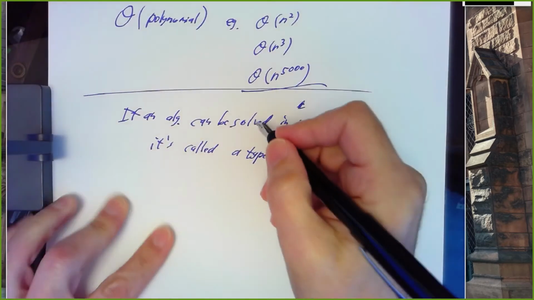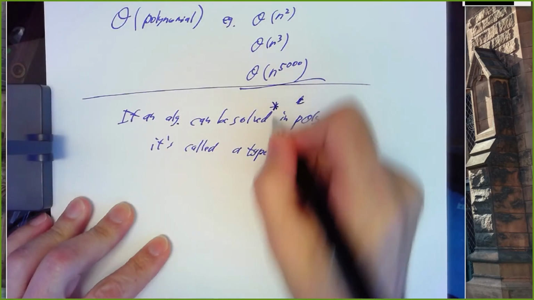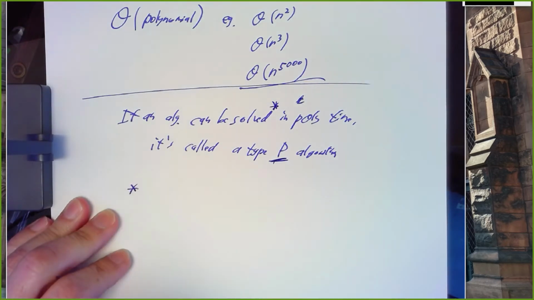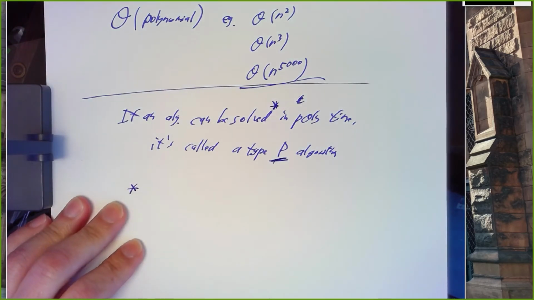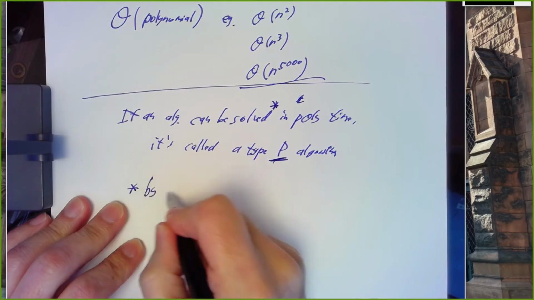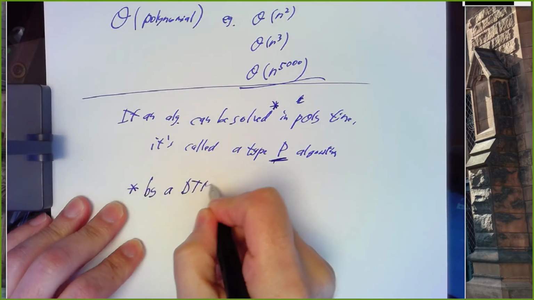Let me put a little footnote here. When we talk about solving, what does that mean? It means solved by a deterministic Turing machine.